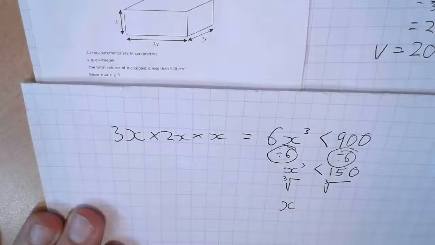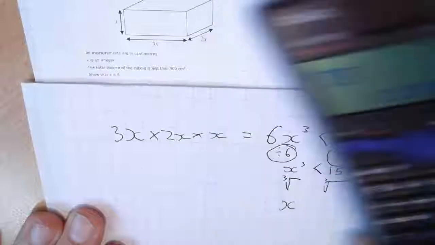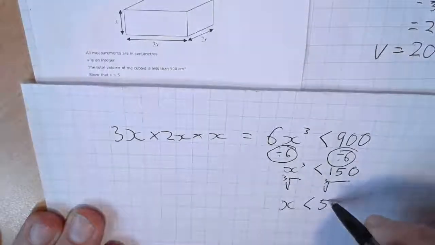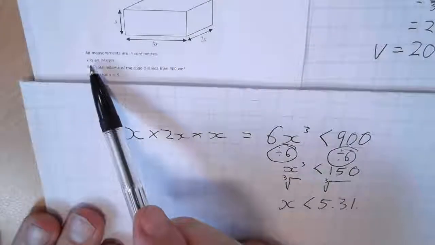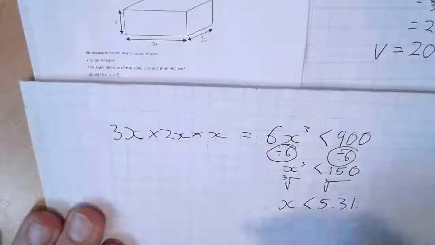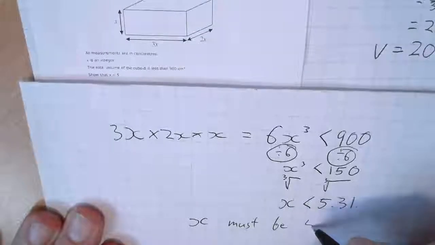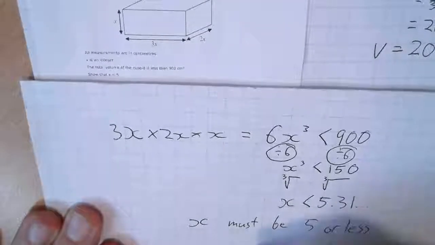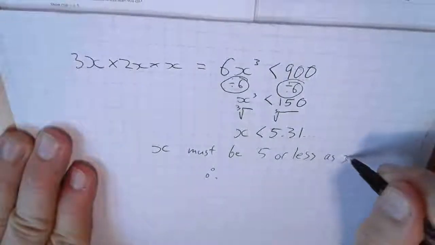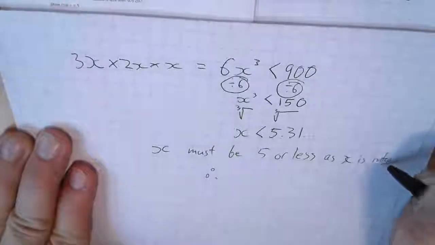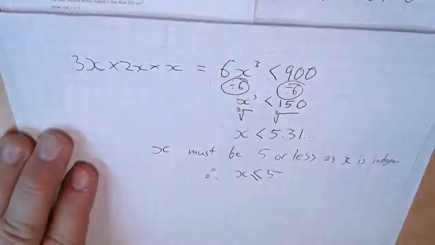So let's do cube root 150, x is less than 5.31, etc. Now, it says x is an integer, so x must be 5 or less, as x is an integer. Therefore, x is less than or equal to 5, and that's the full solution.